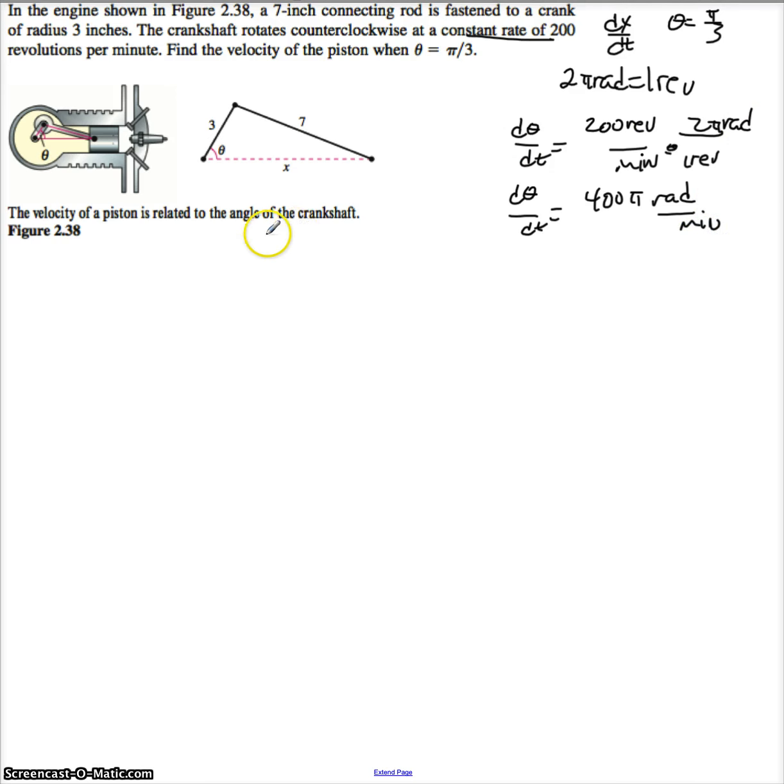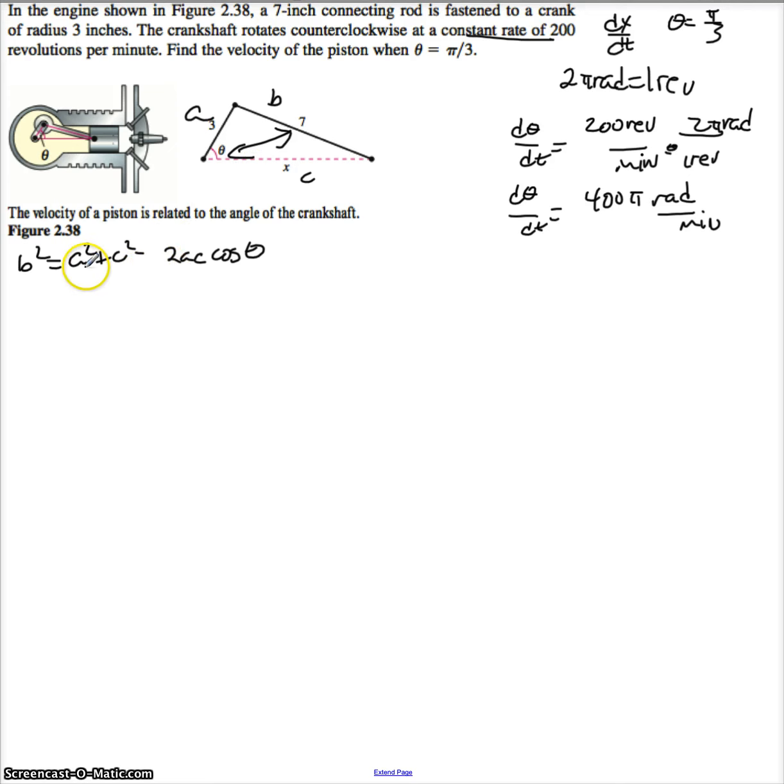Now, I know from the law of cosines, if this is A and this is B and this is C, the law of cosines says that B squared is equal to A squared plus C squared minus 2AC cosine theta. And you can always remember this because B is right across from the angle.